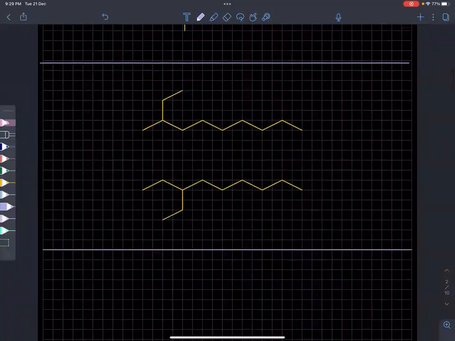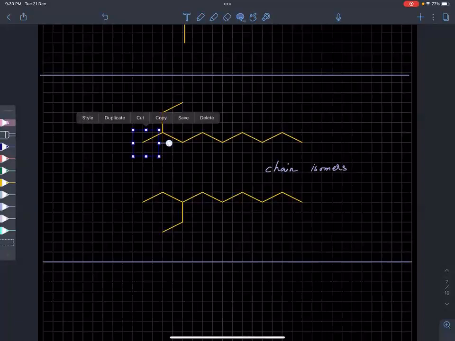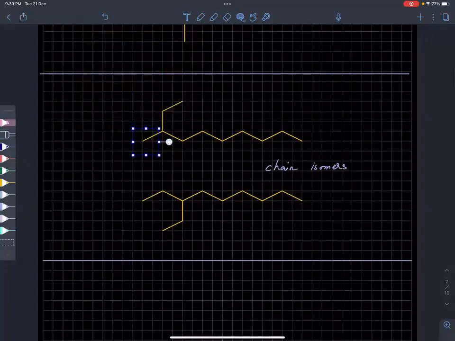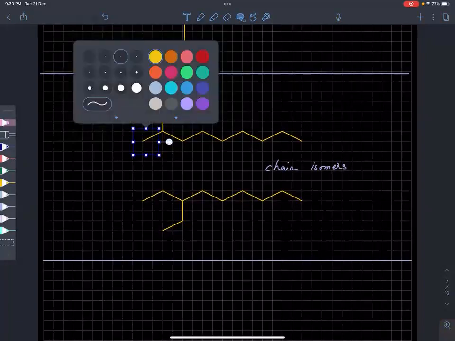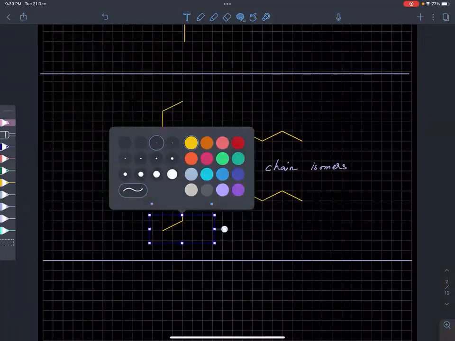What about these two? Chain isomers. Why are these chain isomers? Because the longest chain is different, the parent chain is different, okay? Now, this is the substituent here, this methyl. Here the substituent is ethyl, okay?